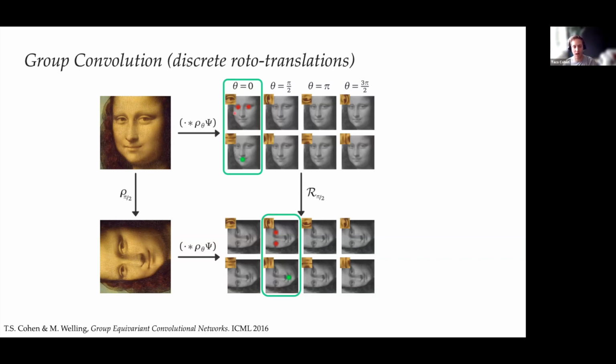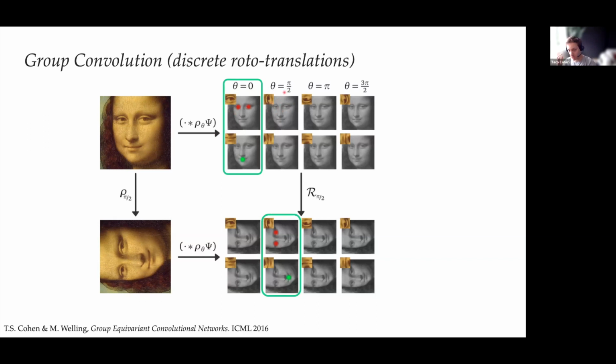That's indicated in this figure here at the top. We rotate the filter. In this very simple case, we'll just rotate by 90 degrees. And we get an eye detector for vertically oriented eyes. When we convolve it, at least in this simplified cartoon picture of what could happen, it doesn't fire at all, because the eyes here are in the horizontal orientation.